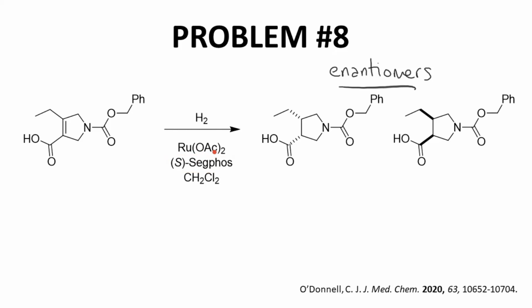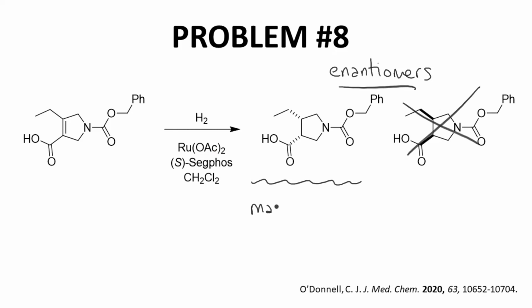S-segphos is a chiral molecule that affects the outcome of the hydrogenation to favor one enantiomer over the other. In other words, this hydrogenation gives mostly just one of these products. Without additional knowledge, we can't predict which one is favored. But the favored molecule is the one on the left, not the one on the right.